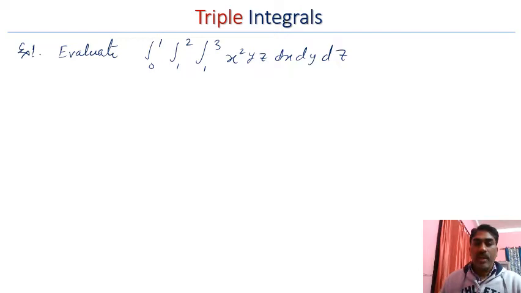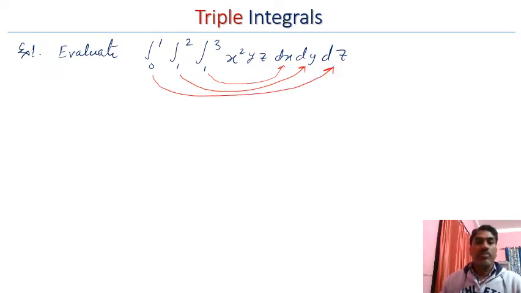As we already know that all the limits are constant, so order of integration will be followed. So this limit 1 to 3 will correspond to x, 1 to 2 will correspond to y, and 0 to 1 will correspond to z.